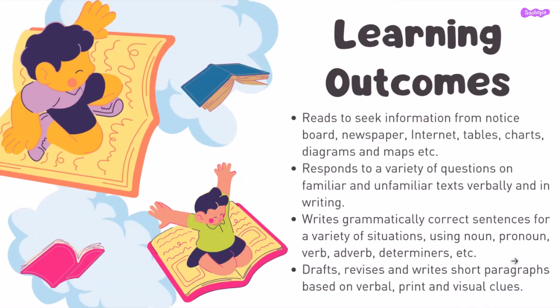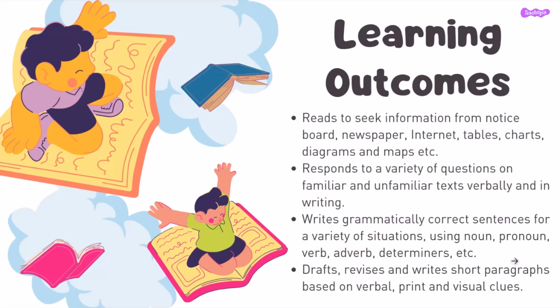The learning outcomes help the learner to finally understand why the PBL for this particular concept was taken up. The learner reads to seek information from notice boards, newspaper, internet, tables, charts, diagrams, and maps. It responds to a variety of questions on familiar and unfamiliar texts, verbally and in writing.